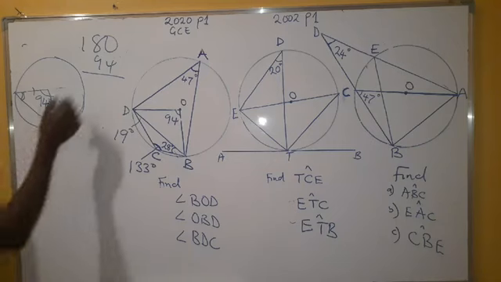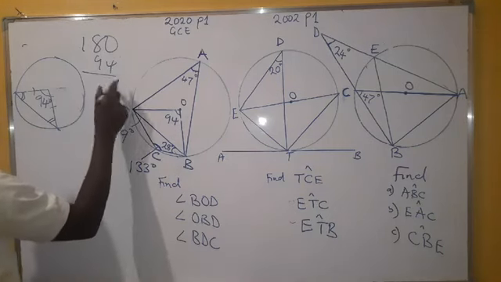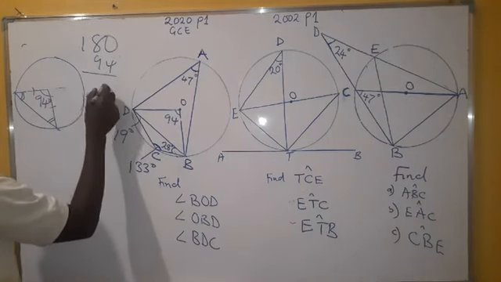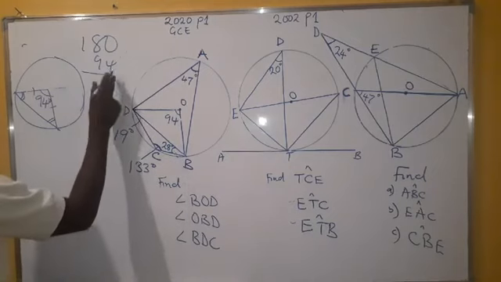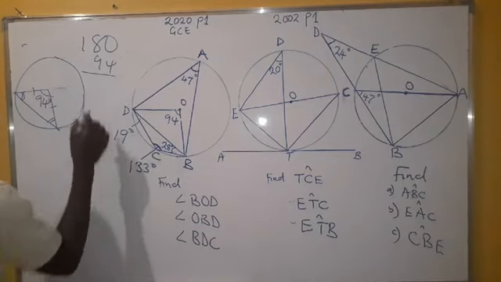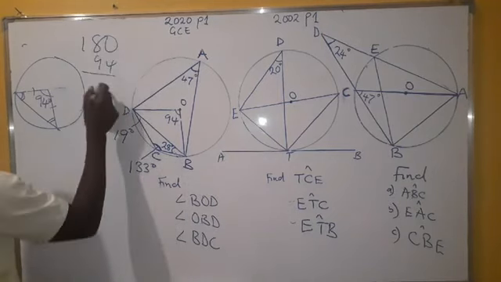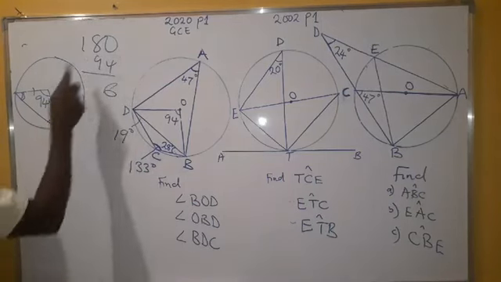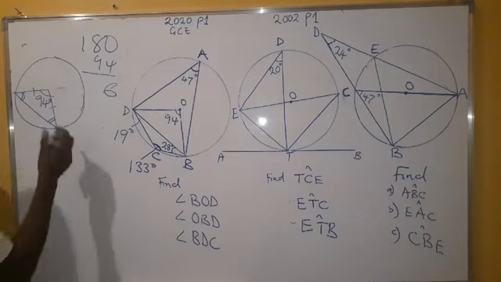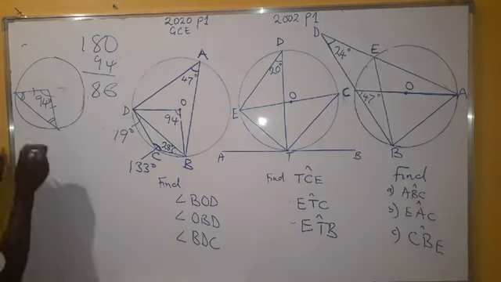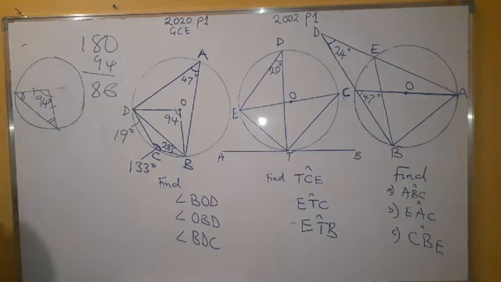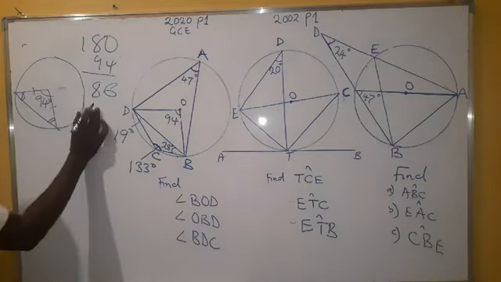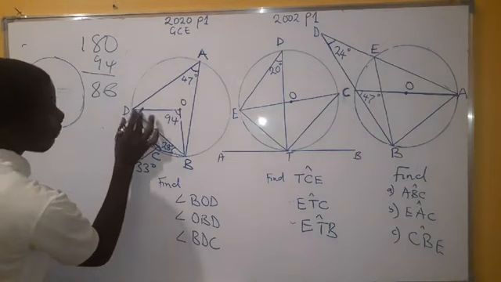What do we get? Is it 86? I think it should be 86. Okay, so we say 6 here. What are we remaining with? We're remaining with 17, we get 86. Okay, so our 86 is the sum of these two angles.